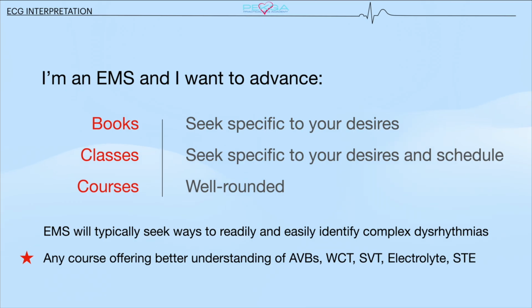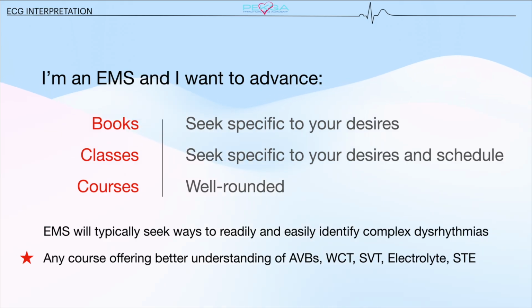Classes and courses, I would highly recommend these, but you do have to see what they offer and what you need. And the reason I say that is, if you're an emergency medical services person, you will typically seek ways to readily and easily identify complex dysrhythmias, right? You're going to slap on an ECG device, some electrodes on a patient.